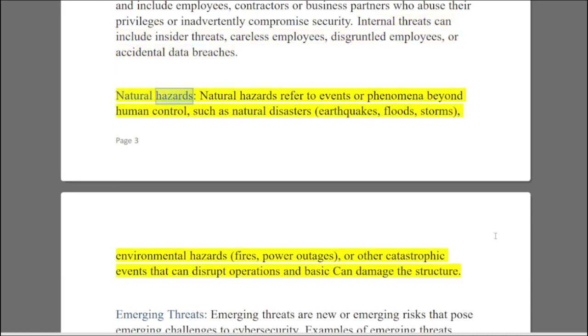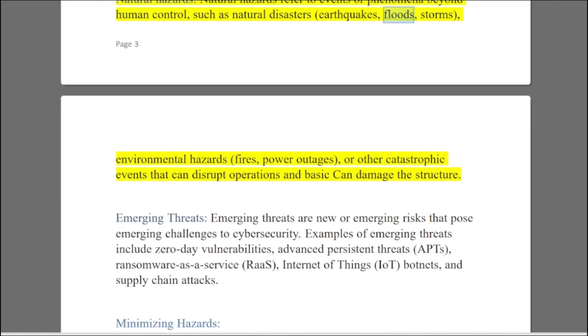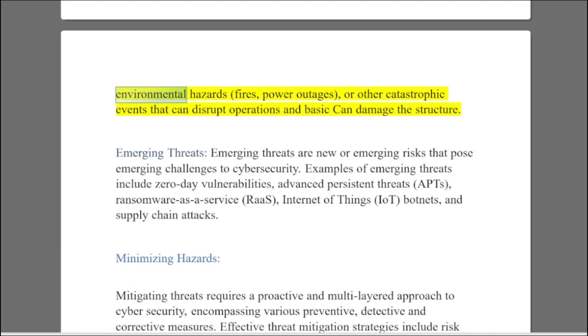Natural hazards. Natural hazards refer to events or phenomena beyond human control, such as natural disasters, earthquakes, floods, storms, environmental hazards, fires, power outages, or other catastrophic events that can disrupt operations and can damage the structure.